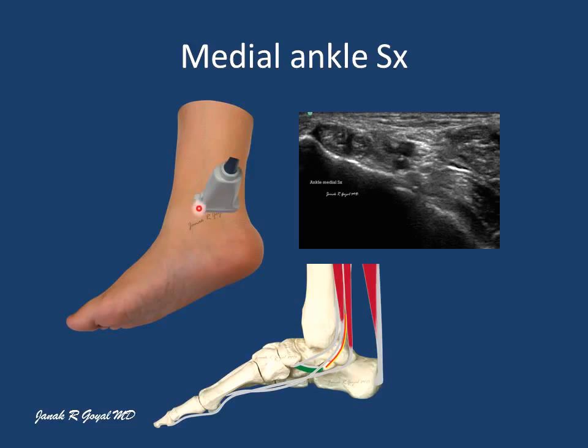From anterior to posterior, examine the tendons of tibialis posterior, flexor digitorum longus, the posterior tibial vessels, tibial nerve, and flexor hallucis longus. A mnemonic for these tendons from anterior to posterior is Tom, Dick, very nervous, Harry.